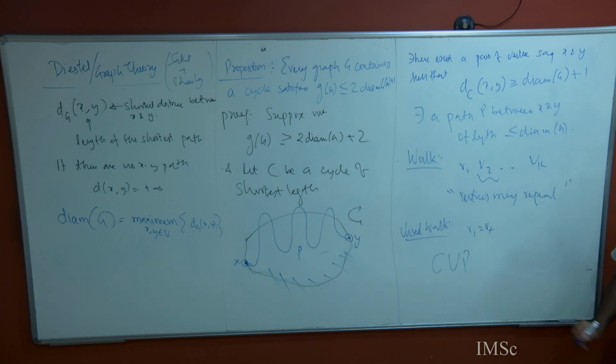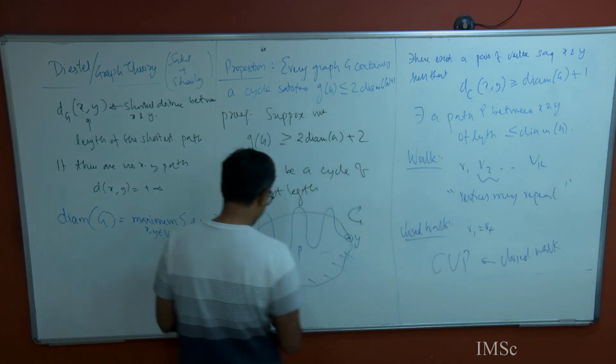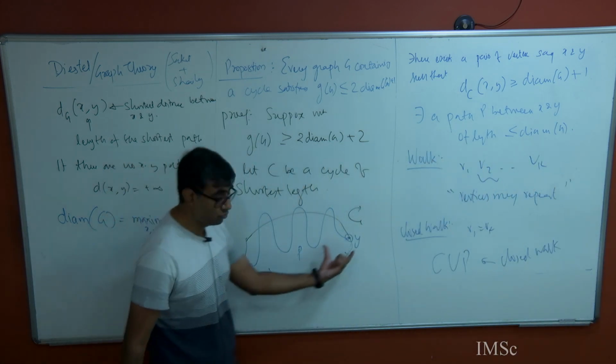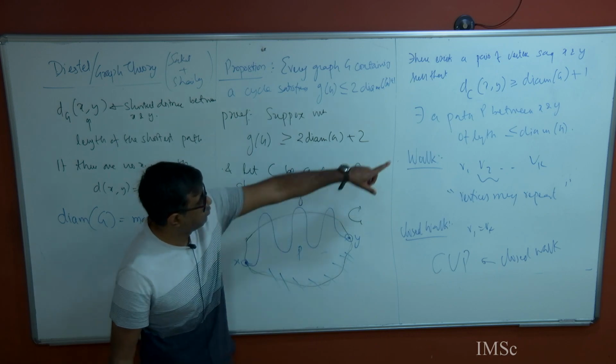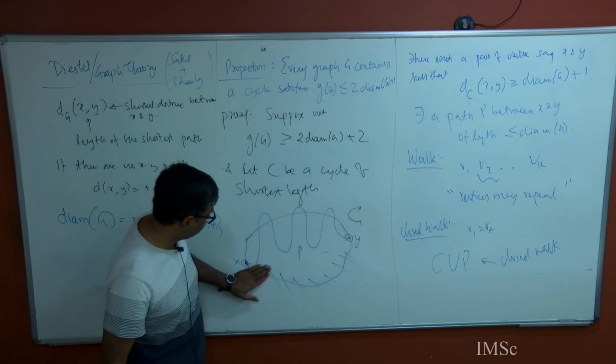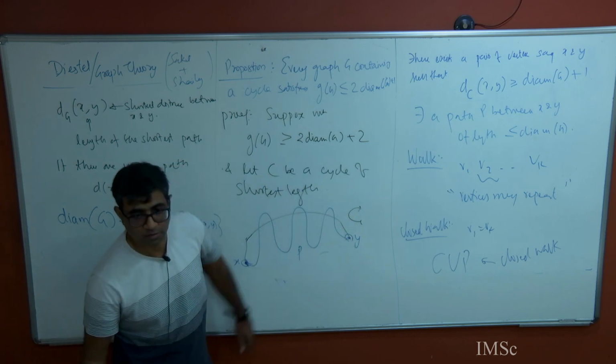It's a closed walk of length how much? Look at the path P. I know there exists a path P from x to y of length at most diameter of G. Now you delete this long path between x and y.